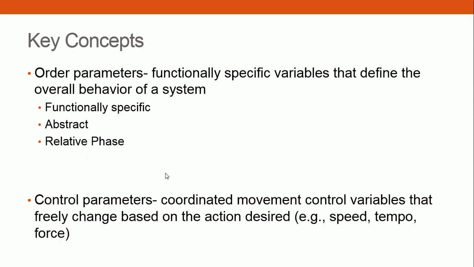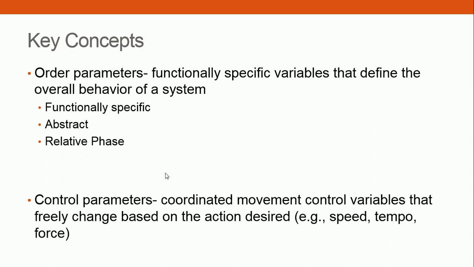They define the overall behavior in a system, but they're fairly abstract in nature. I can't really sit here and say, if I'm looking at a walking pattern, here are 5 order parameters that represent walking. They're abstract, and they basically represent the main core of what this movement is about.